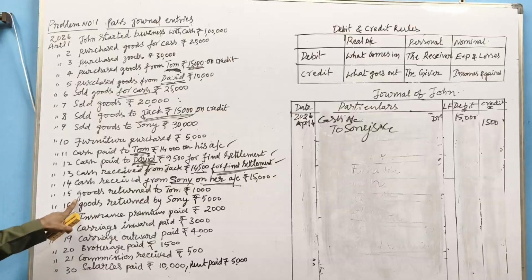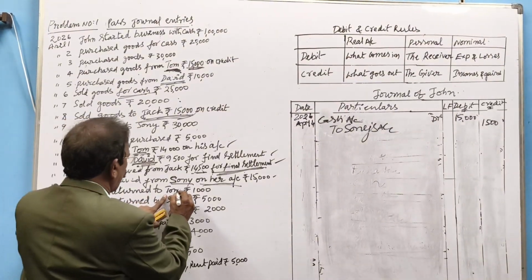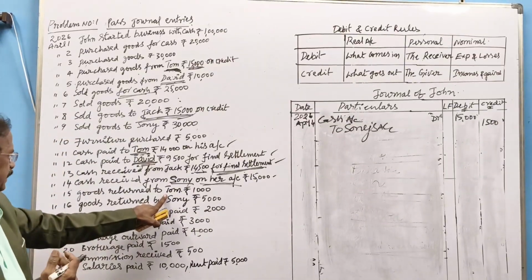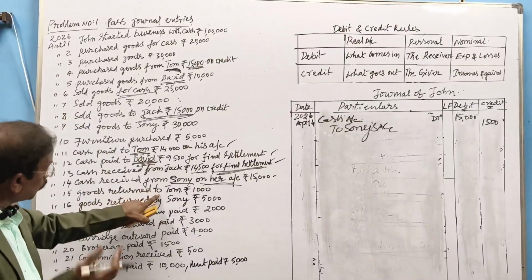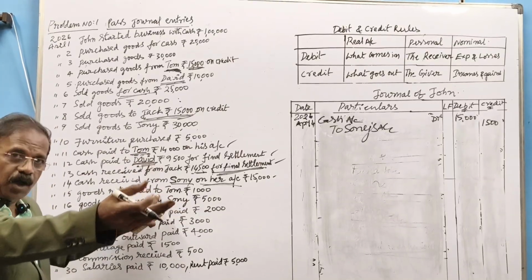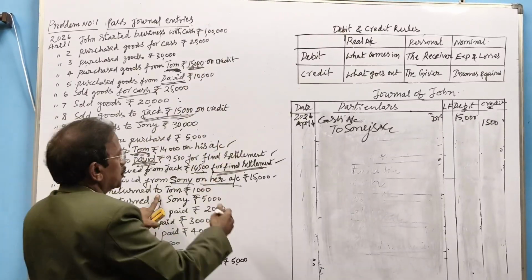15th transaction. Goods returned to Tom. We are returning goods to Tom. Tom is receiving. He is the receiver. According to that rule, Tom should be debited.